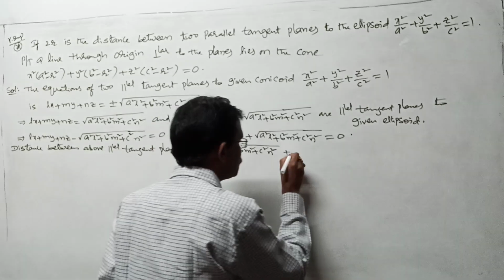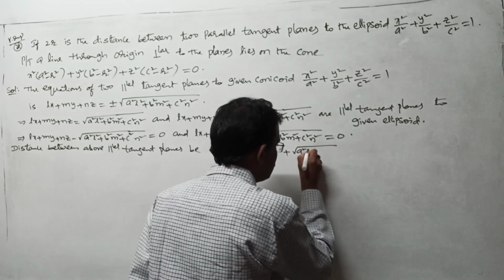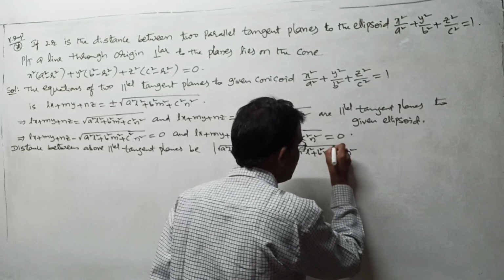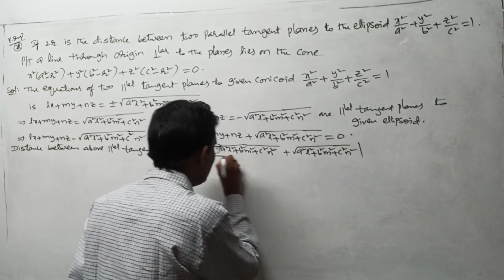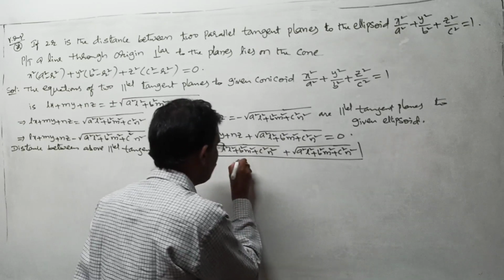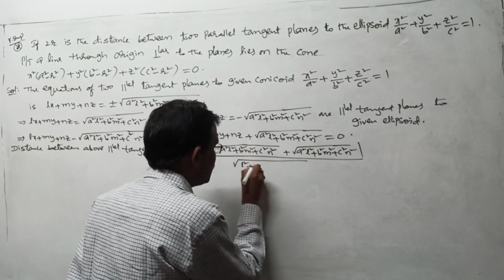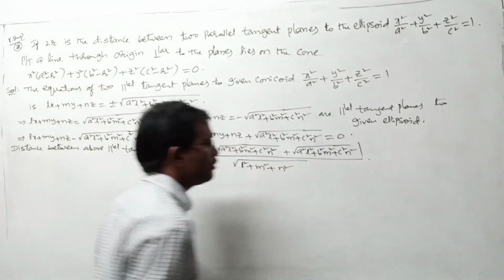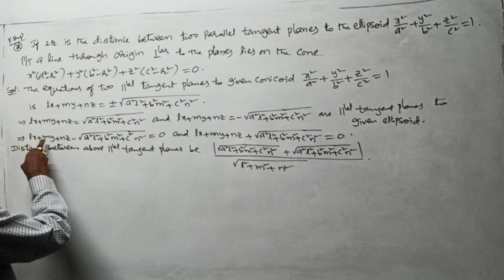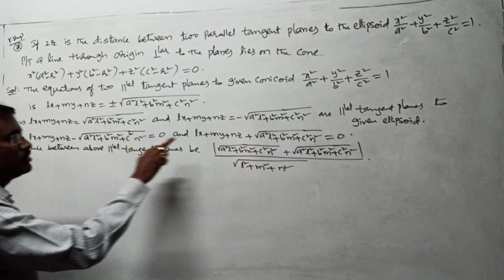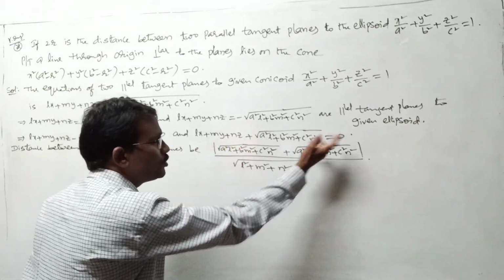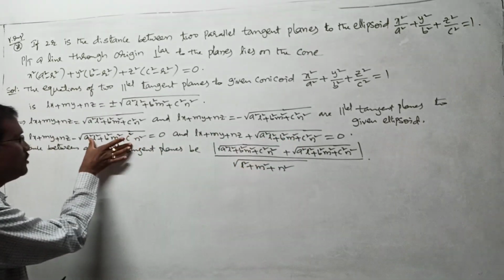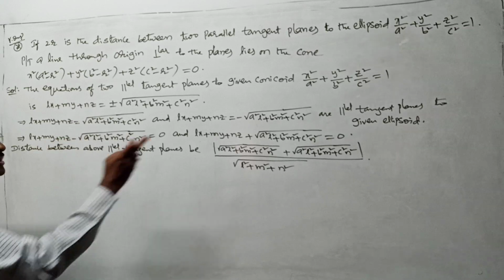It is plus √(a²l² + b²m² + c²n²), whole by √(l² + m² + n²). Are you following or no? This is in the form lx + my + nz − d1 = 0, lx + my + nz + d2 = 0. The perpendicular distance between them is what? |d2 − d1| by √(l² + m² + n²).